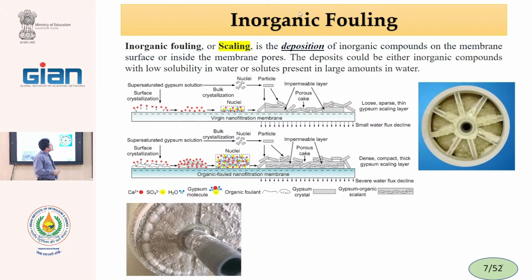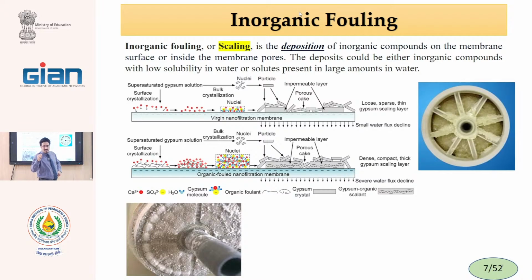This shows the scaling, or inorganic fouling. What is the mechanism of the scaling? When we have a fresh feed on the membrane surface, with the passing of the permeate, the concentration of the salts on the membrane increases.